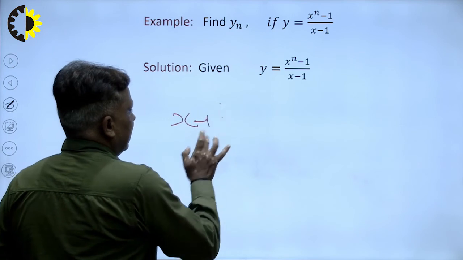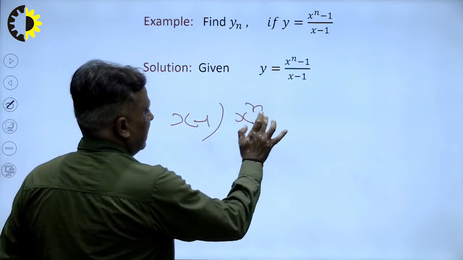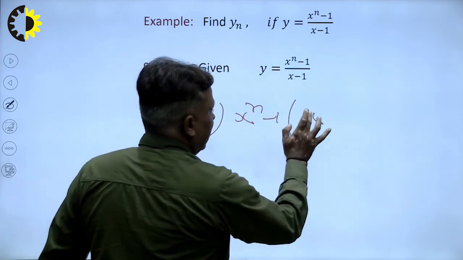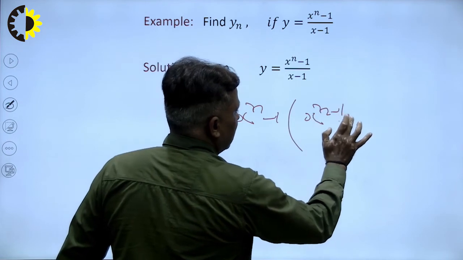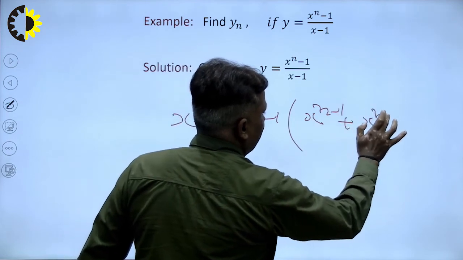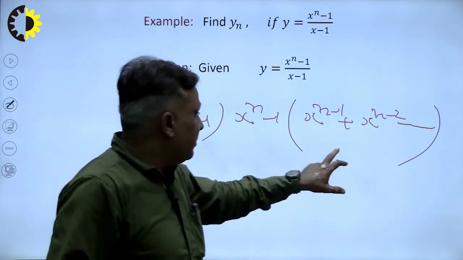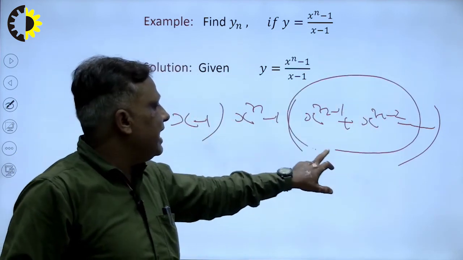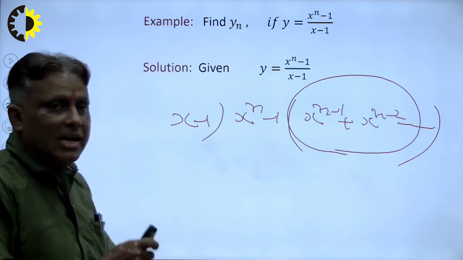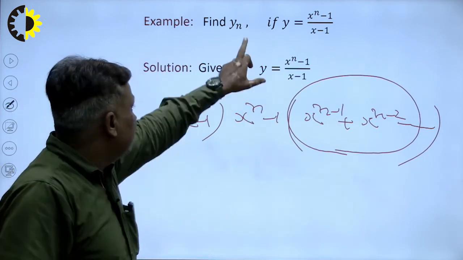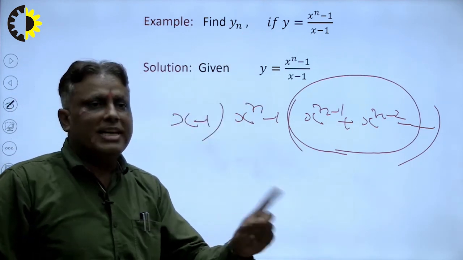So result will be x raised to the power n minus 1 plus x raised to the power n minus 2 and so on. That means there exists a polynomial of degree n minus 1, right, and I want to calculate the nth derivative of a polynomial whose degree is n minus 1.